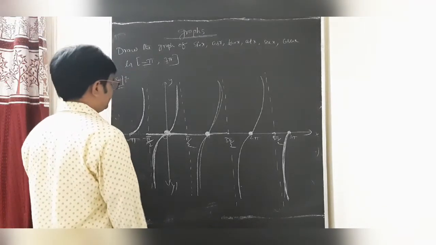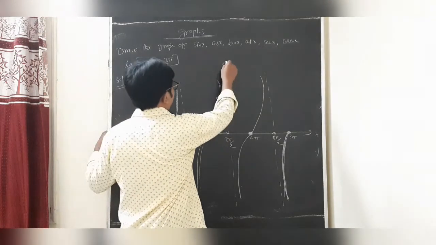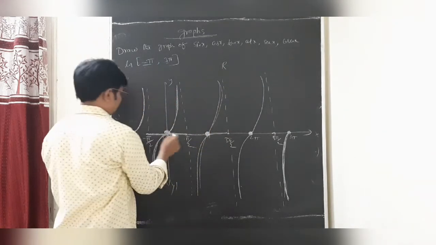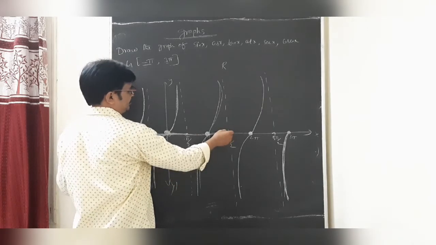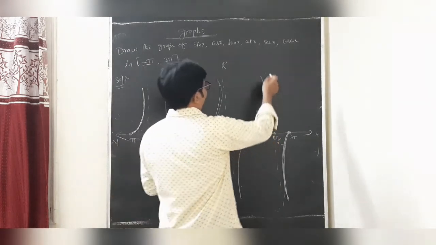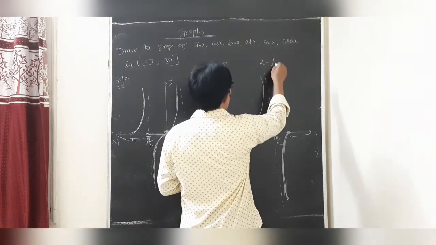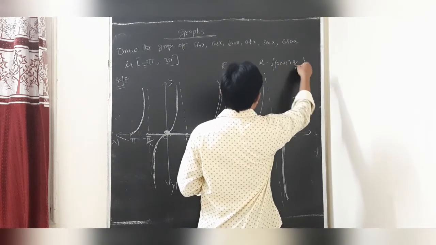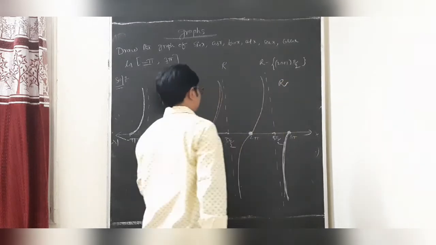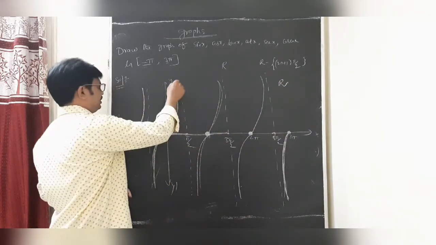You can observe here the range is R, but the domain is undefined at 90°, 3π/2, 5π/2. Therefore, the domain is R minus (2n+1)π/2 where n belongs to Z, but the range is minus infinity to infinity.